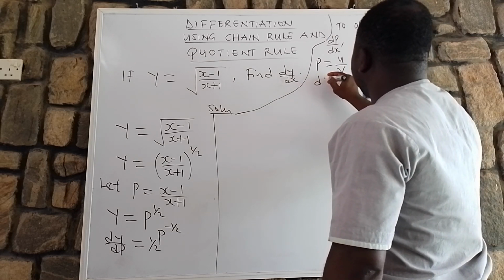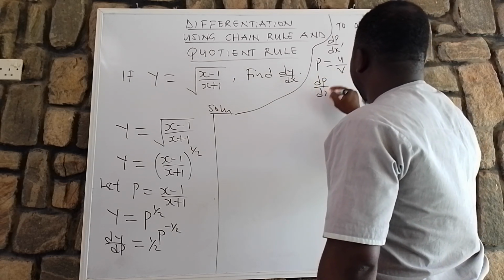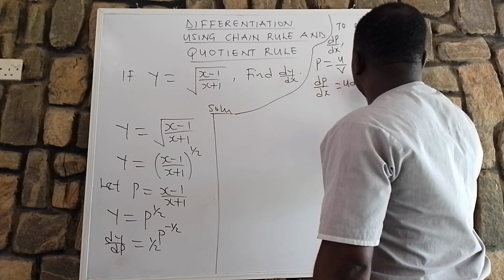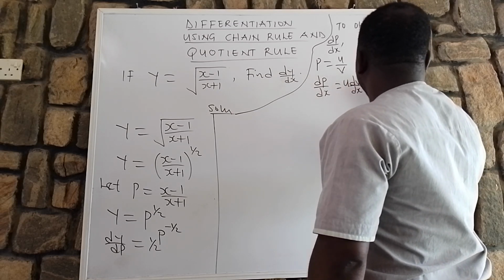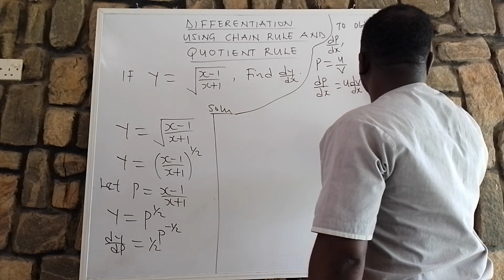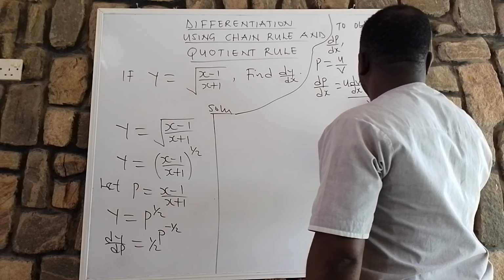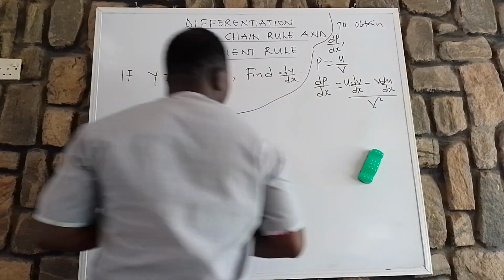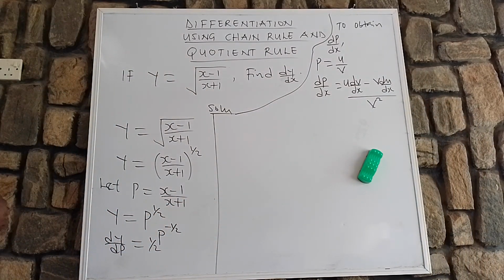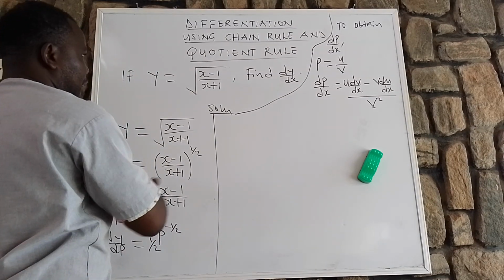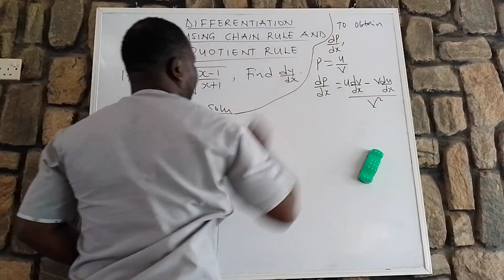So our dp all over dx is going to give us v du all over dx minus u dv all over dx, all over v squared. Do you agree with me? So we are going to use this formula to obtain our dp all over dx.